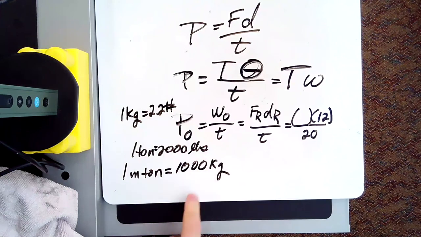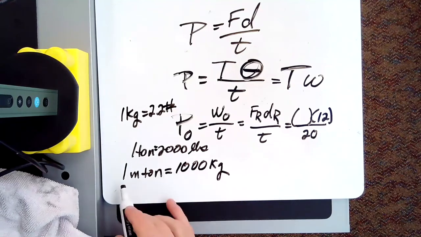Technically, another word for a metric ton would be, use the metric system. I didn't even talk about this the other day. It's 1,000 kilograms, so a megagram, technically. A megagram is the same thing as a metric ton.